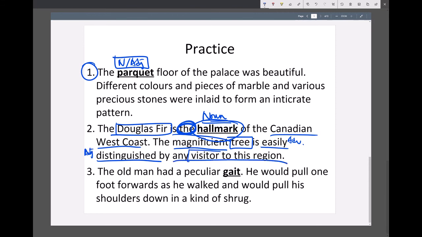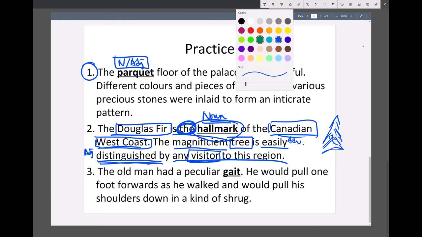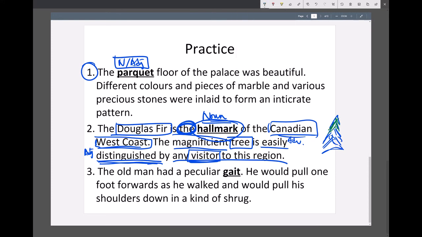So even visitors, people who don't know or have never been to the Canadian West Coast, they can see it, they can recognize it, to distinguish. So it would be like a big tree like this, big tree, and you can even use a different color, like a big green, very nice tree.